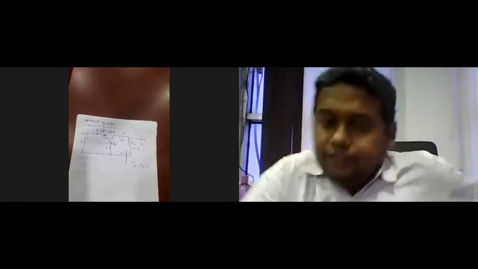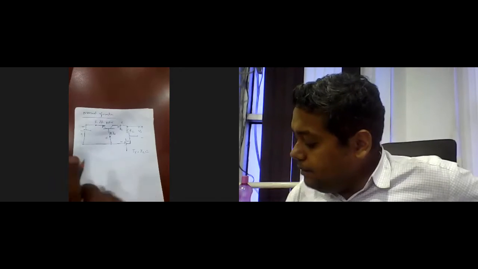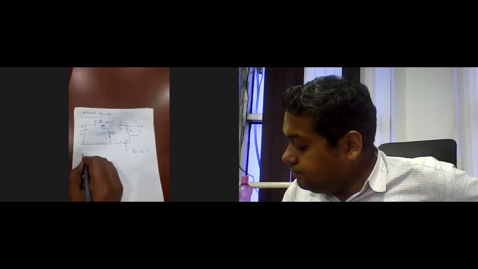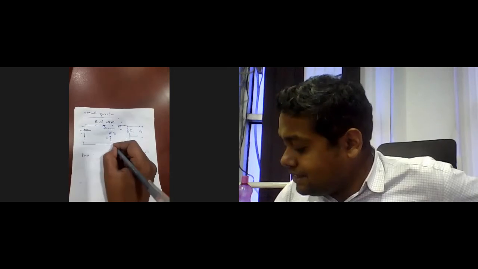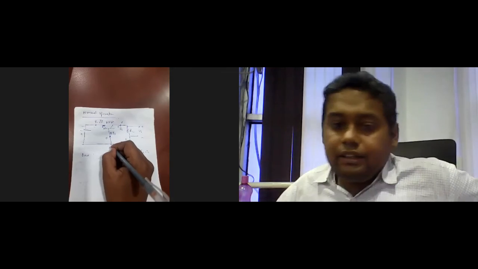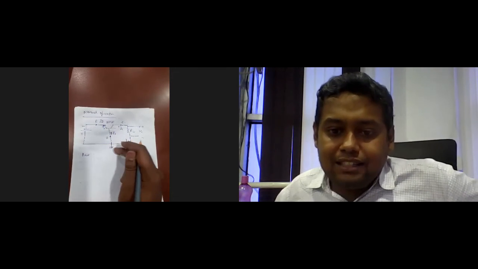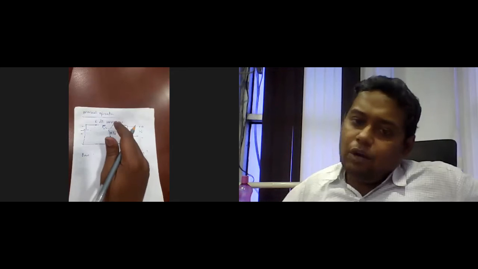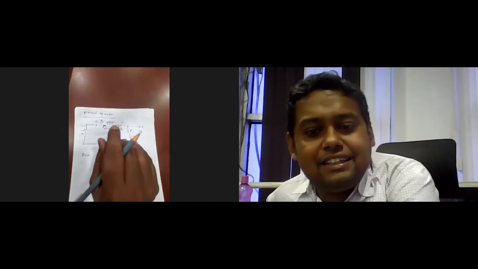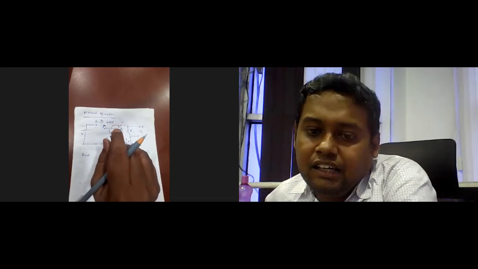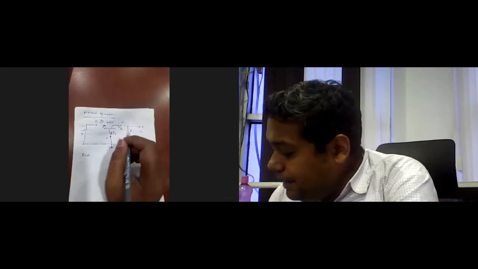Forward, right. For the input side, for the normal operation, base to emitter, this is the common base structure. When the base is grounded, it is considered the common base. If the emitter is grounded, then it is the common emitter. And if the collector is grounded, then it is the common collector. So the base is grounded, this is a common base configuration.